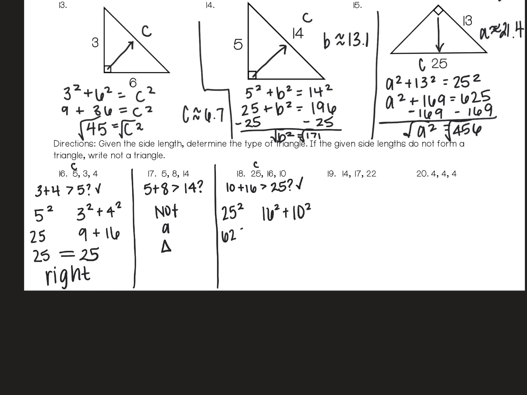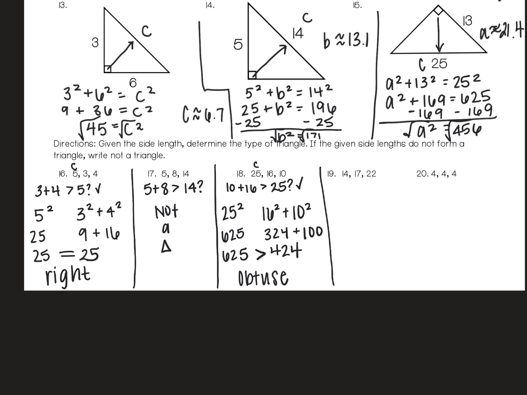So I end up with 625, and then 324 plus 100. I combine, and then I evaluate. So is 625 less than, equal, or greater to 424? So 625 is greater than 424, which makes it obtuse.